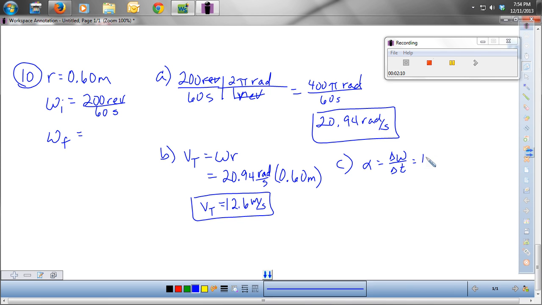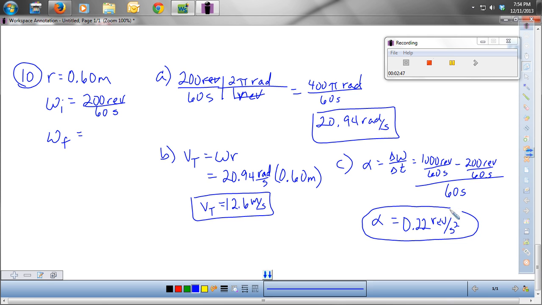So omega F is 1,000 revolutions every 60 seconds minus 200 revolutions every 60 seconds, and that's going to get divided by the time, and the time was 60 seconds. So when I did that, I got alpha to be 0.22 revolutions per second squared. And it was positive because we were speeding it up.